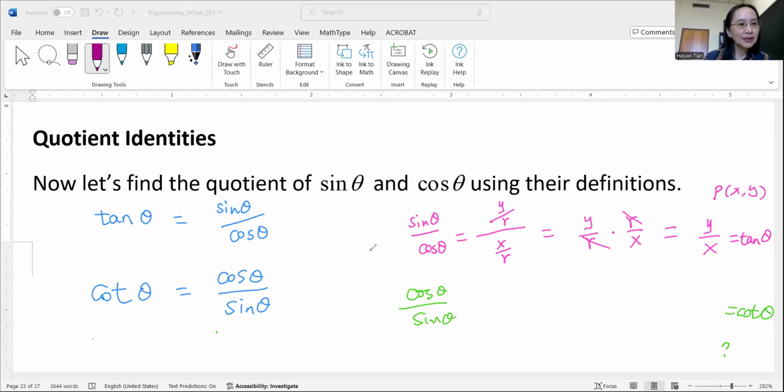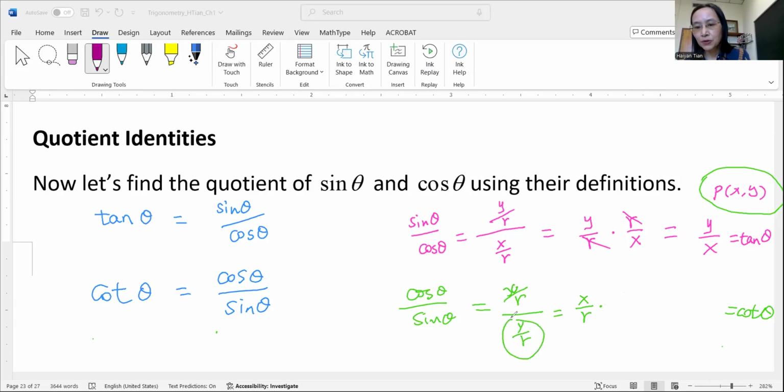So let's use the definition. Still we're considering using the point on the terminal side of theta. So the cosine is x over r, right? So x over r. Sine is y over r. So this x over r divided by y over r is the same as multiplying by the reciprocal.